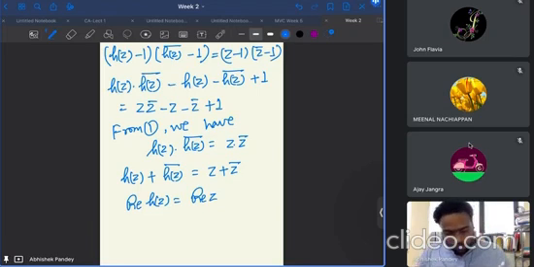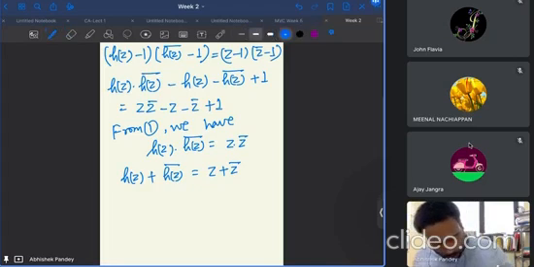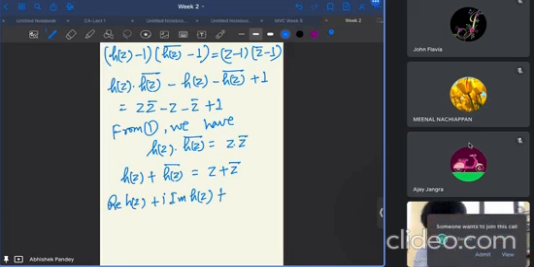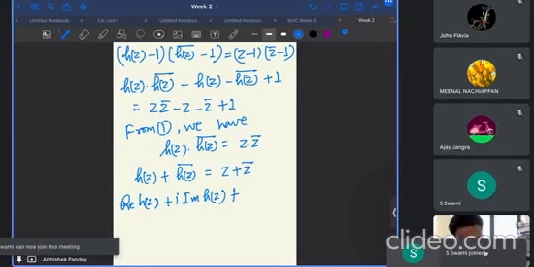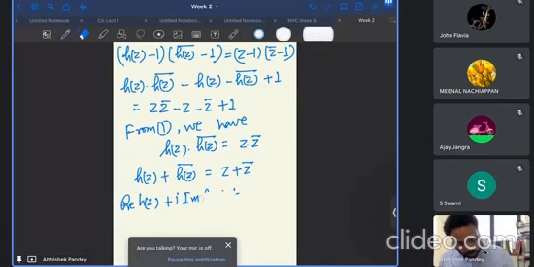If I want to be more rigorous, writing h(z) as real part plus i times imaginary part, and adding the conjugate with real part minus i times imaginary part, the imaginary parts will cancel out.